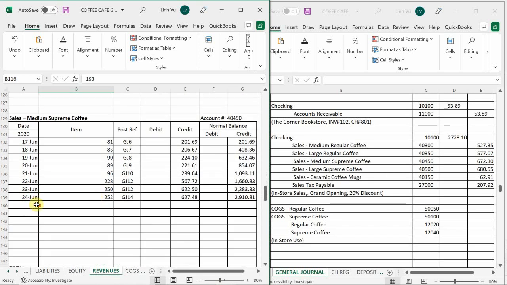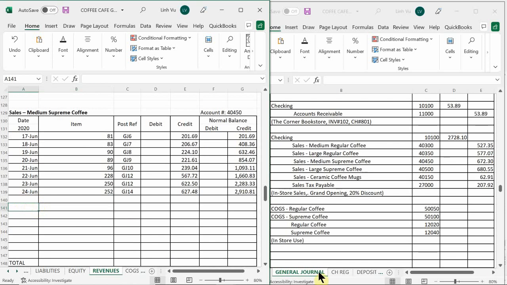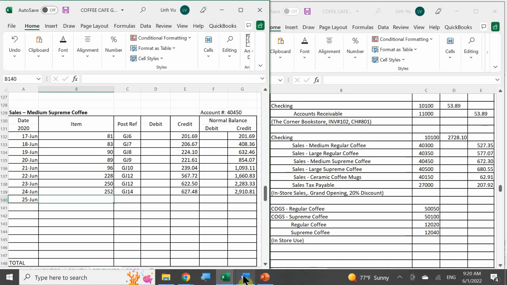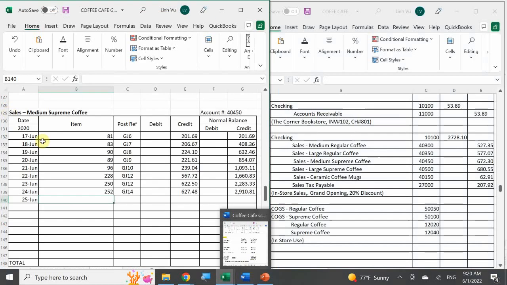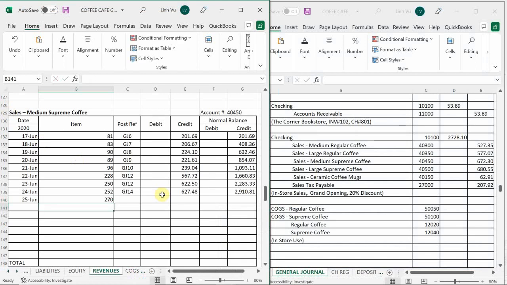Next we sold is our medium supreme coffee. Let's see how many cups we sold. We sold 270, which gave us a total of $672.30.